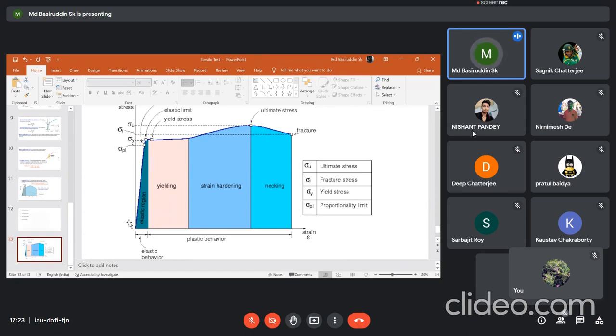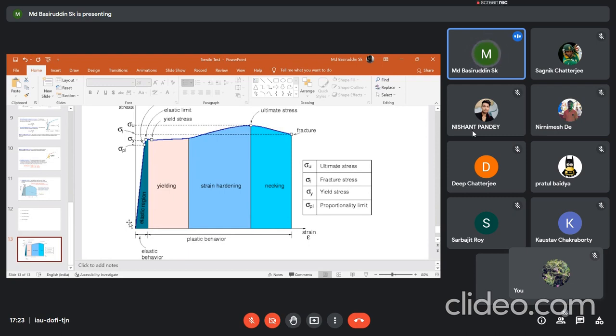Now it will be better if I give an example, like for 0.05% carbon steel, you may find that the n values will be relatively different as compared to carbon steel, let's say 0.6% carbon steel.